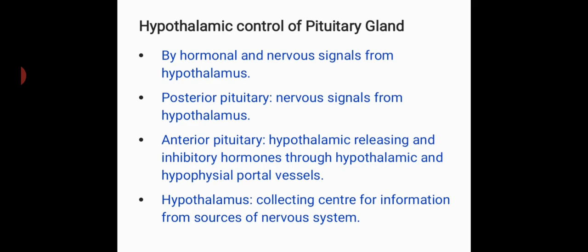But the secretions from anterior pituitary are controlled by hormones called hypothalamic releasing and inhibitory hormones, which are synthesized and secreted within the hypothalamus and conducted to the anterior pituitary through minute blood vessels called hypothalamic hypophyseal portal vessels.